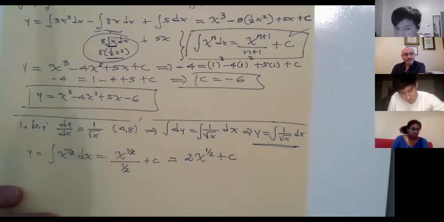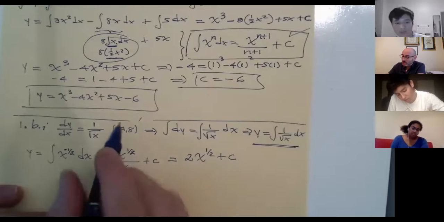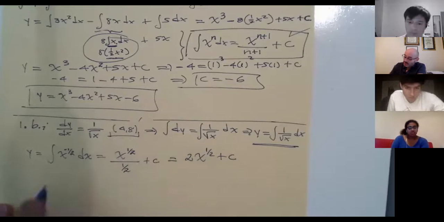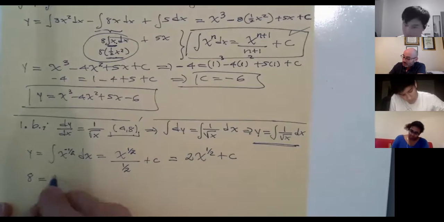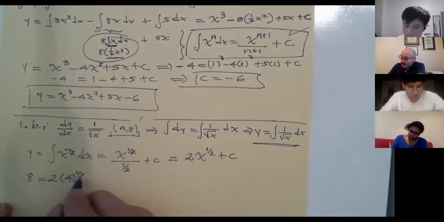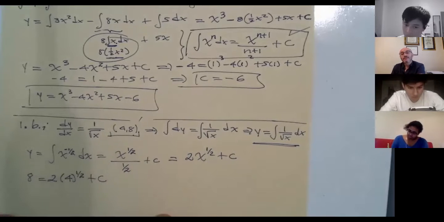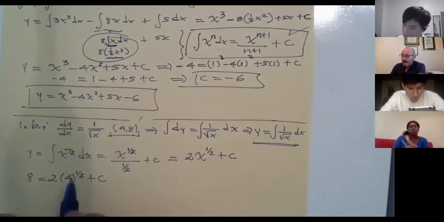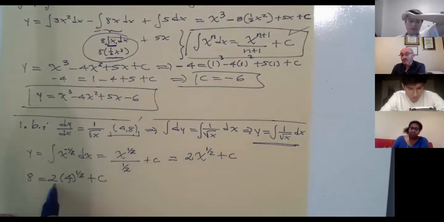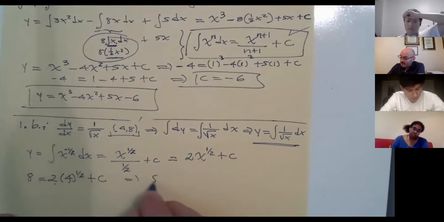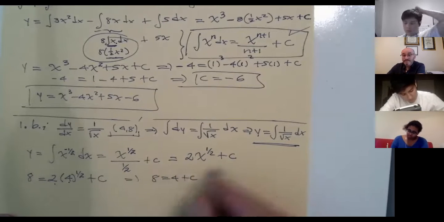All right. If you don't have a question, then now we're going to use the condition. So now 8, which is the y value, should be equal to 2 times 4 to the 1/2 plus c. The square root of 4 is 2, times 2 is 4. So we have 8 equals 4 plus c.